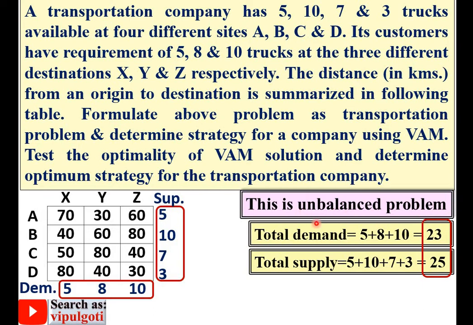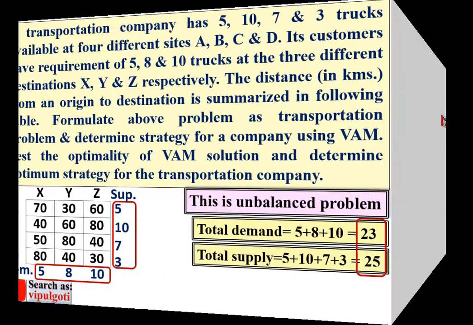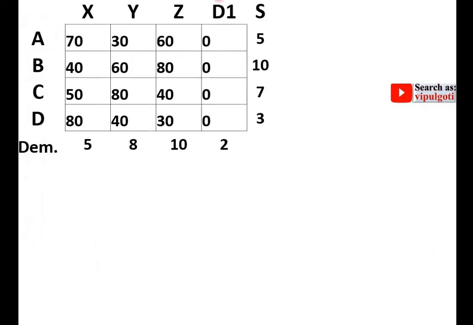So first you need to convert it from an unbalanced problem to a balanced problem. Here you can see there is a shortage in demand, so I should create a dummy shop having demand 2. So here you can see there is a dummy retail shop having demand 2. And now it is your balanced problem.